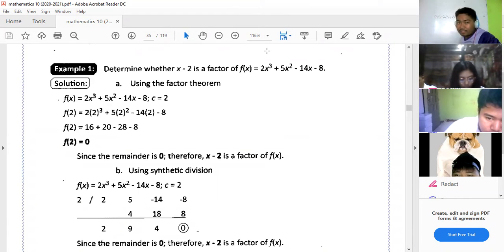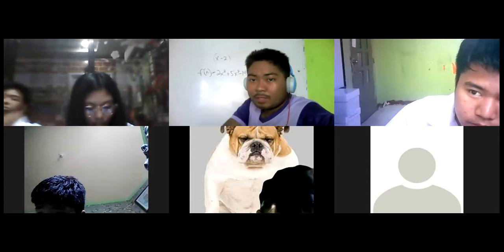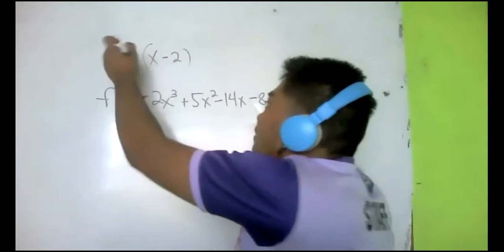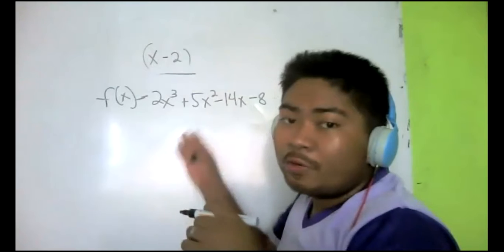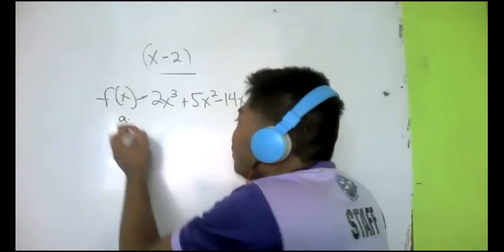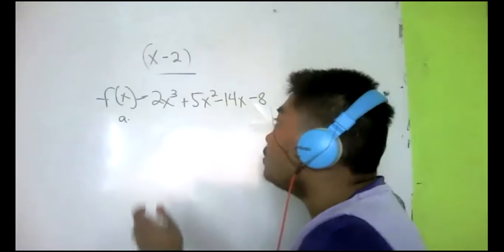Ang hinahanap natin if this x minus 2 is a factor or not. Let's check if this is a factor of this or not. Using the factor theorem, ang gagawin lang is to substitute.